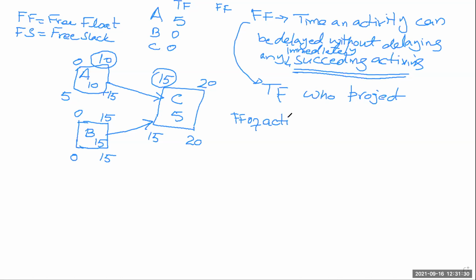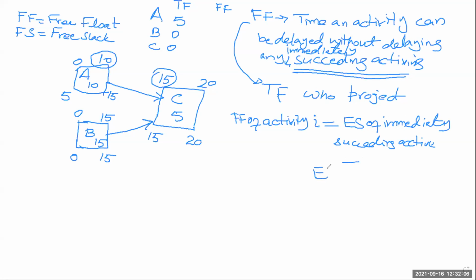Free float of activity I is equal to the early start time of the immediately succeeding activity minus the early finish of activity I. So this is the formula.